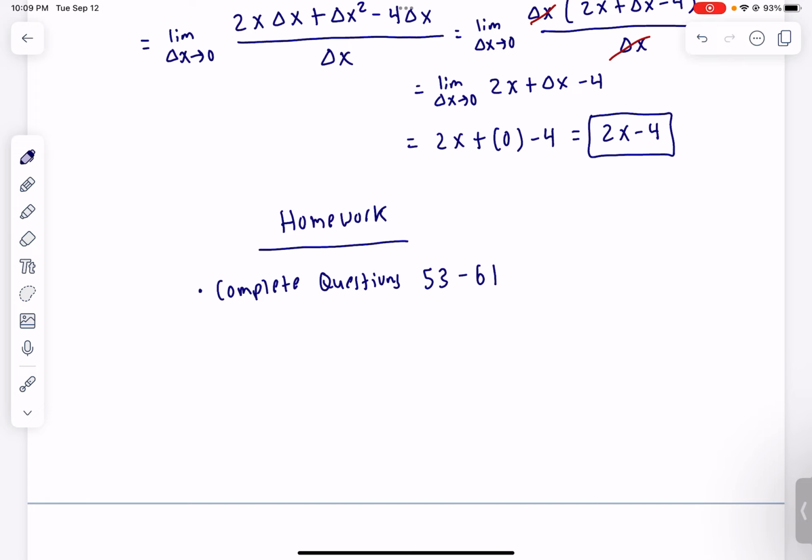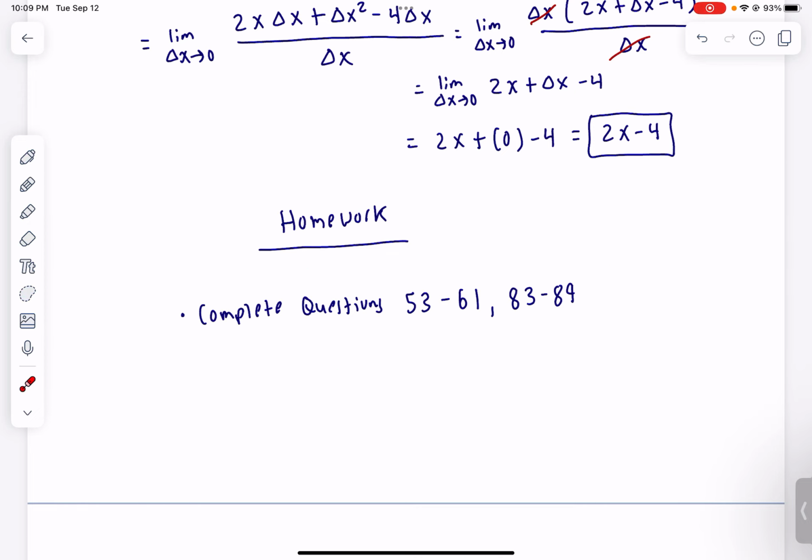But for right now, if you look at the last page, questions 83 through 89, you should be able to complete those based on what we talked about. So please make sure that you complete these questions on the finding limits homework.